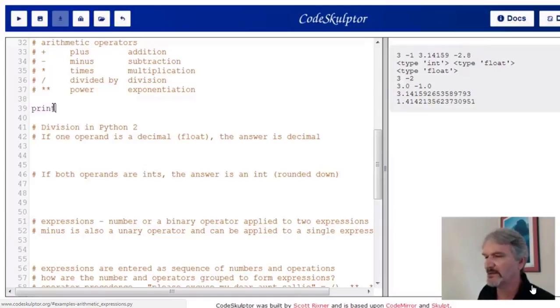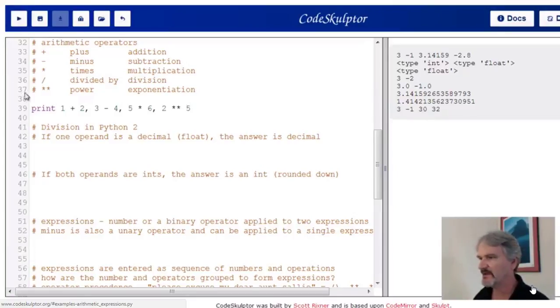We just take two numbers and apply the operator to them, so we can say something like 1 plus 2 or 3 minus 4 or 5 times 6 or 2 to the 5th power. And if we run that, out comes 3, -1, 30, and 2 to the 5th is 32.